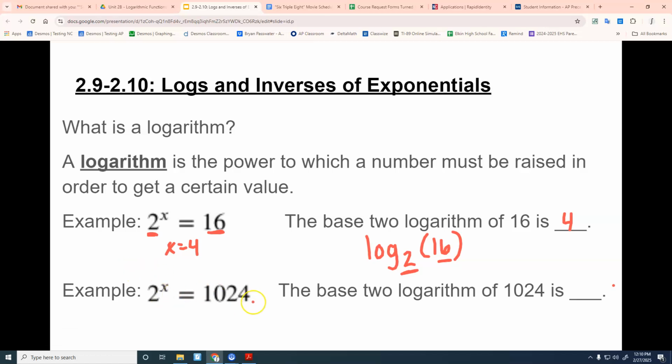That one's a little harder because the numbers are starting to get out of hand. But does anybody know what that one's going to be? It's 10. You're right. So you could write that as the base 2 logarithm of 1024 is 10.